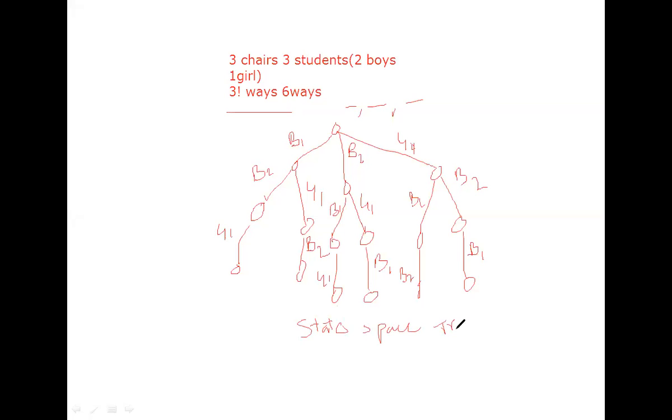We can represent the problem by using the state space tree. How many possibilities are there? You have only 6 possibilities. These 3 people will sit in 3 chairs in 6 possible ways.